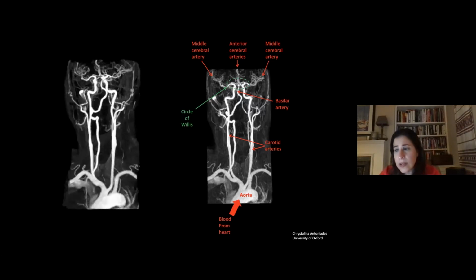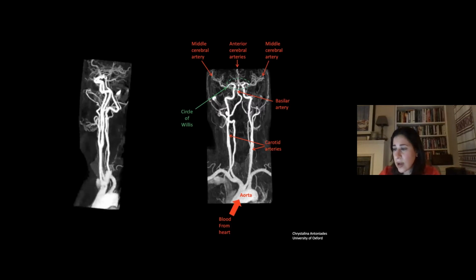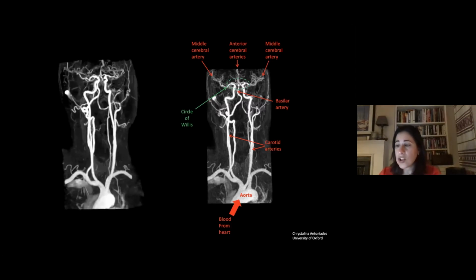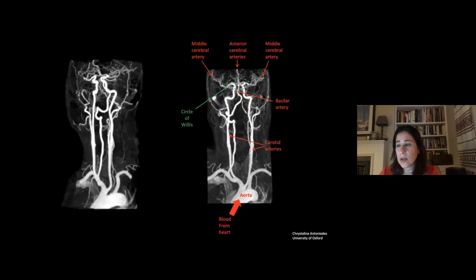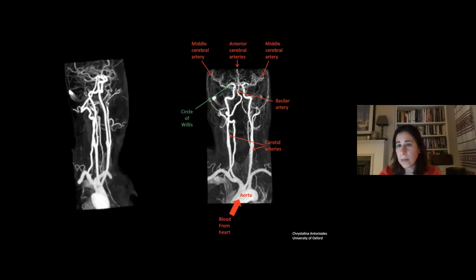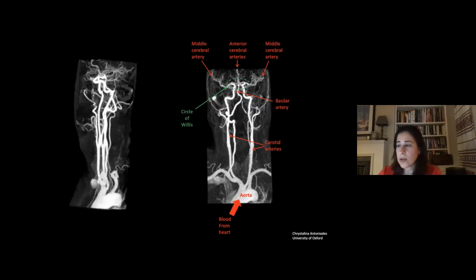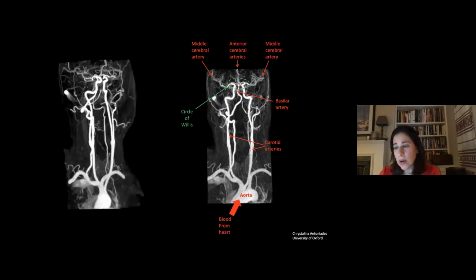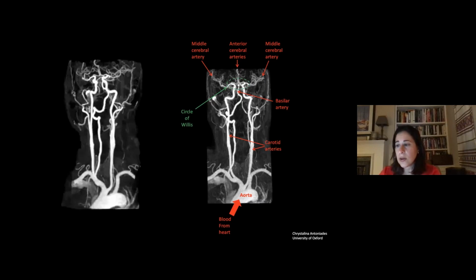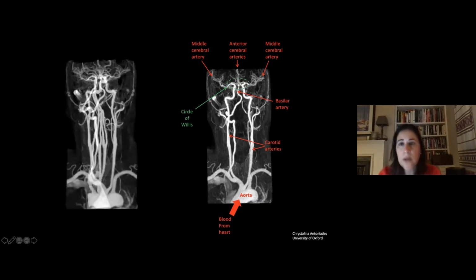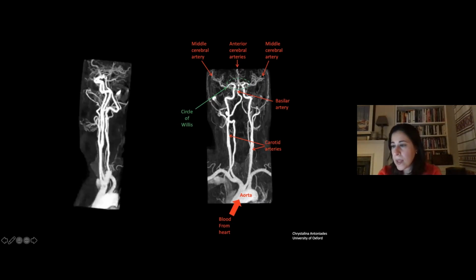And the carotids run along either side of the front of the neck, and each carotid artery branches into the internal and external artery. Each internal carotid artery passes into the cranium and then branches into the anterior and middle cerebral arteries that you can see up here.